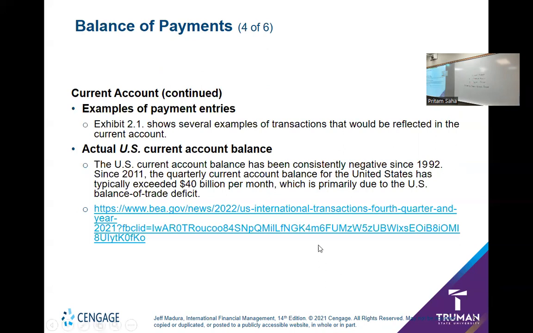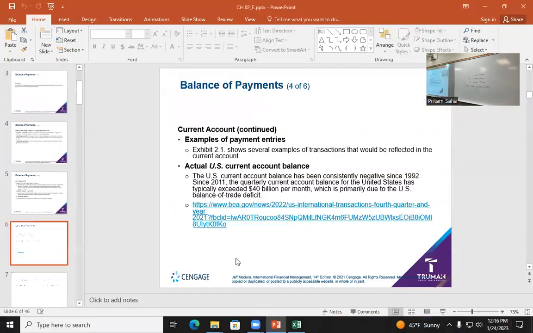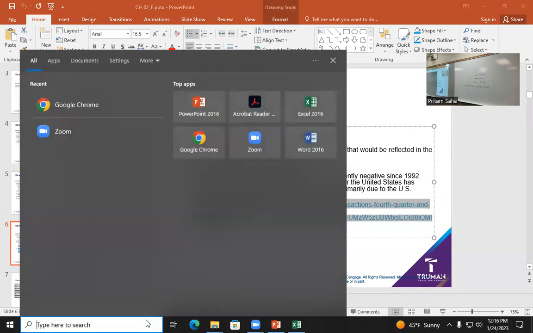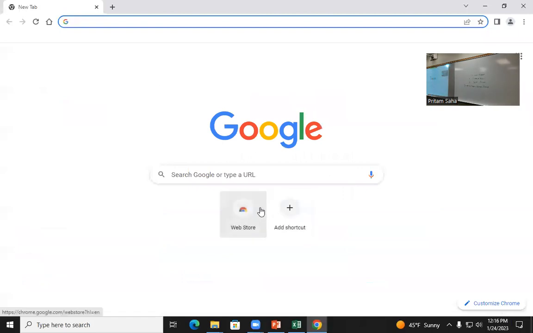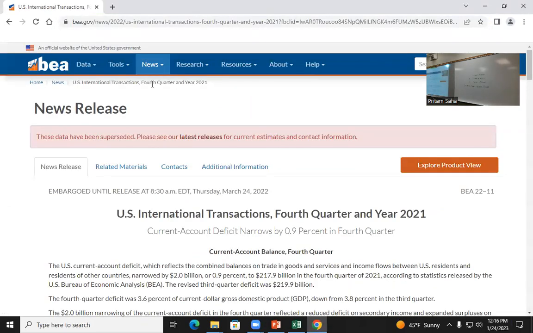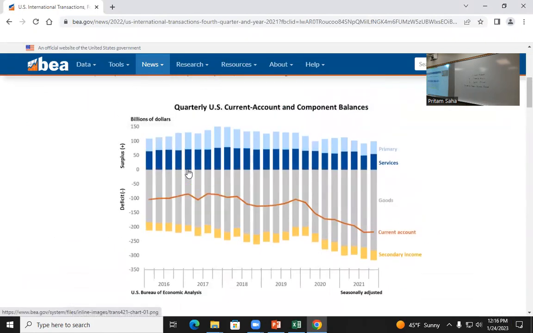So let's look at some real data from here. This is some real information about the US, starting from 2016 to 2021, quarterly data.